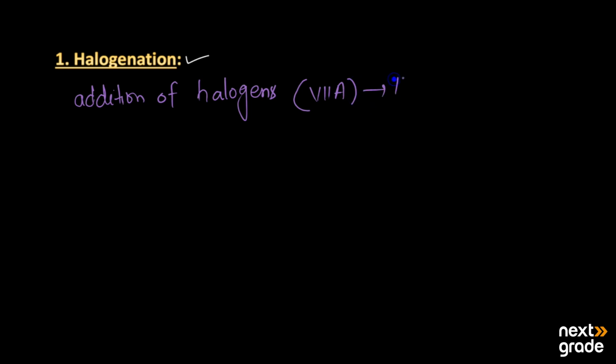The first chemical reaction given by the alkynes is halogenation. Halogenation means the addition of halogens, and these halogens are basically group 7A elements: fluorine, chlorine, bromine, and iodine.